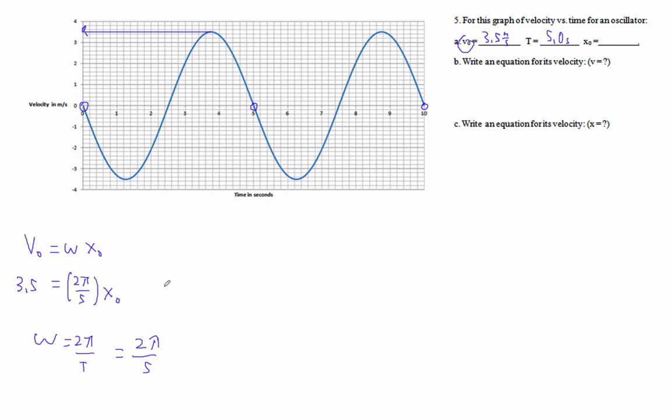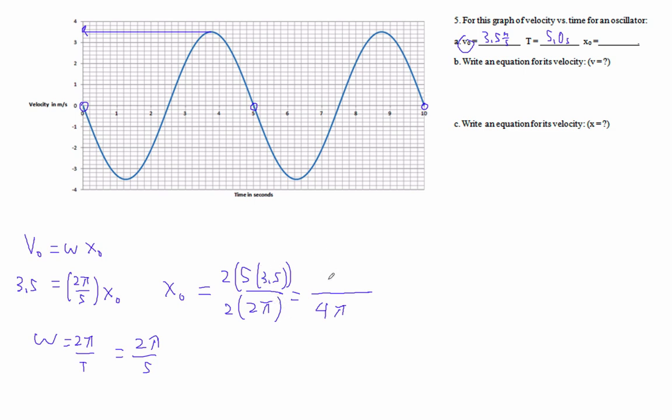So x naught is, like, higher math here, 5 times 3.5 over 2 pi. Let's multiply the numerator and denominator both by 2 to make this pretty. So that's going to be over 4 pi.